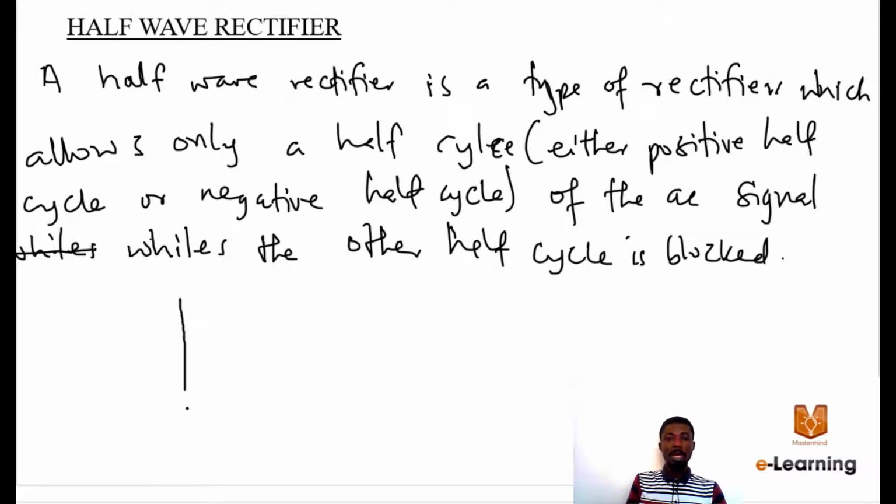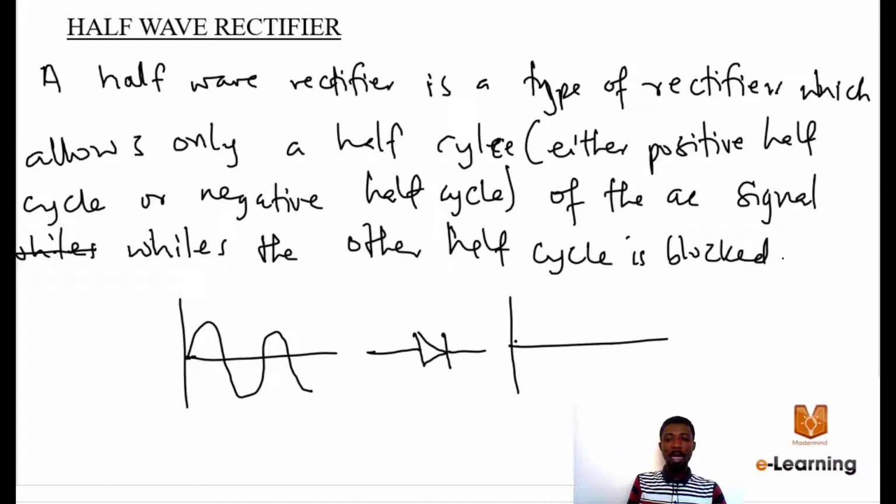So in our earlier diagram, we had an AC. You see that before the AC entered the diode, it had both cycles complete, but after passing through the diode, it was left with just the top. You would see that the negative half cycle has been cut off, leaving just this.